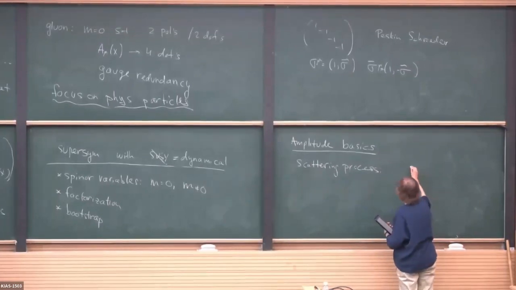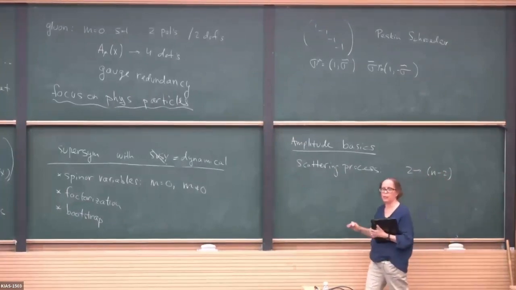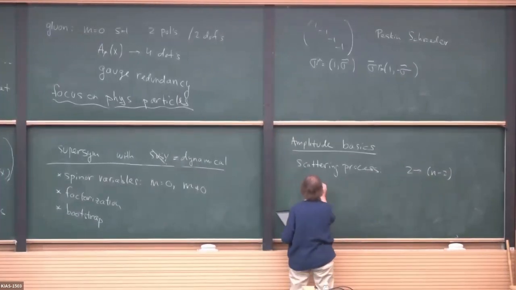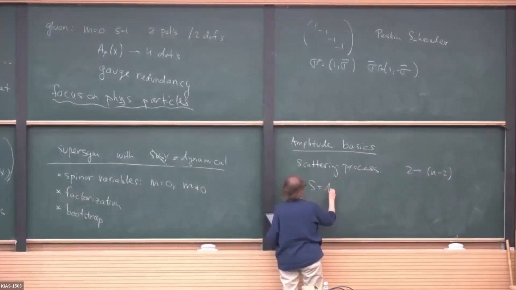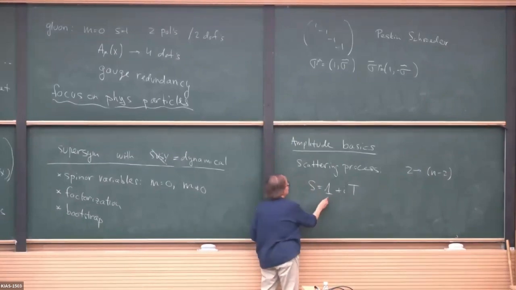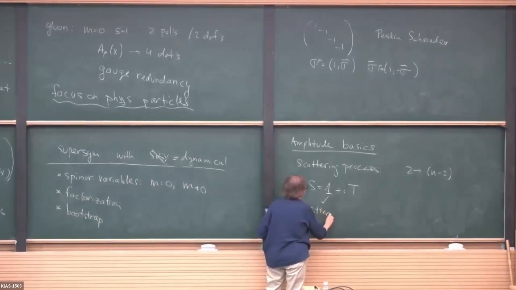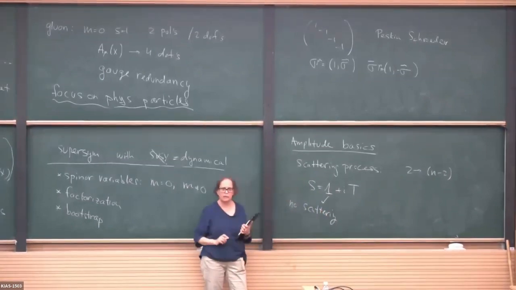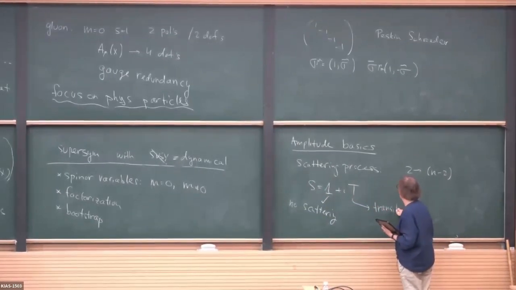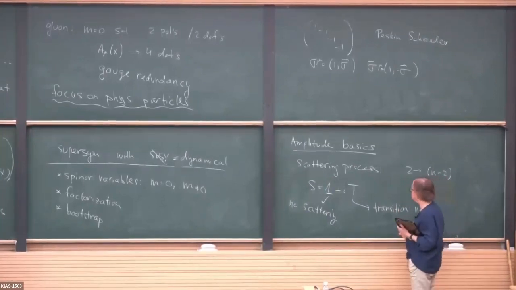So I can think of this as two particles going into n minus 2 particles. Altogether, I have n particles in my amplitude. This is described by the S matrix. The S matrix can be written as 1 plus iT, where the 1 says that nothing happens. There's no scattering. The final state is the same as the initial state. And this guy here is the transition matrix or transition operator.